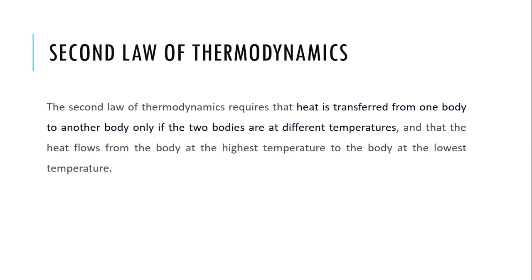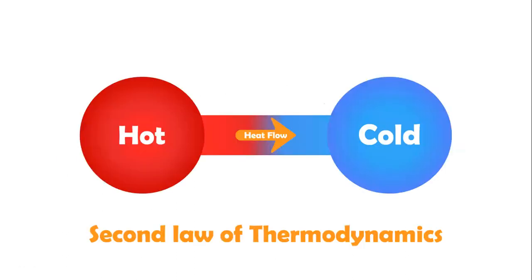Without the help of an external source, we cannot do the energy transfer from a lower temperature body to a higher temperature body. So this is a diagrammatic view of the expression for the second law of thermodynamics.